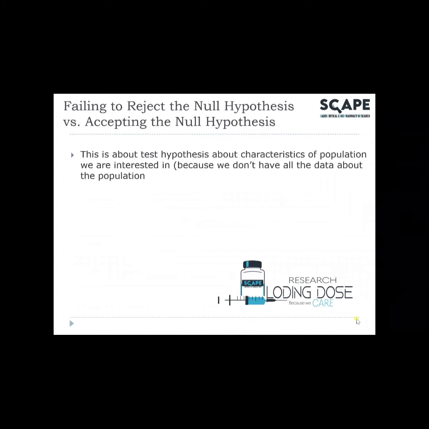So here, when we start a research, we make a hypothesis about a characteristic of the population we are interested in. Okay, so the hypothesis considers two different propositions, the null and alternative.